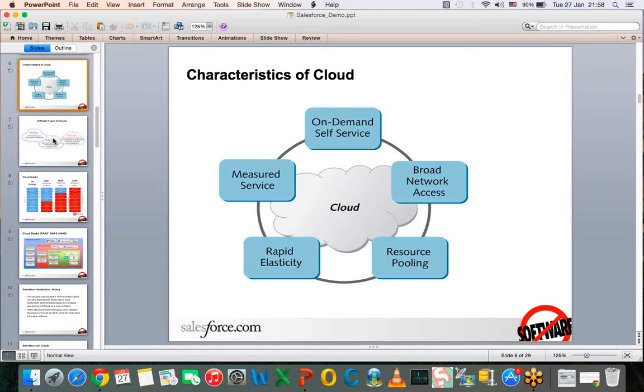For that, the cloud itself has a characteristic wherein whenever you log into the cloud, it automatically records through which IP you have logged in, what resources you are accessing, and how long you have accessed them. Based on those statistics, they measure the amount of your usage and then bill based on that.